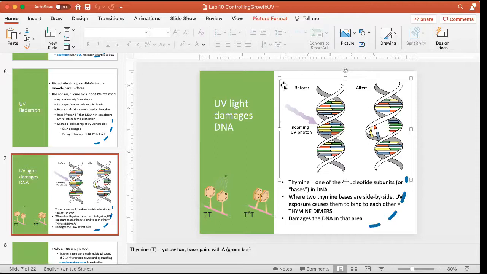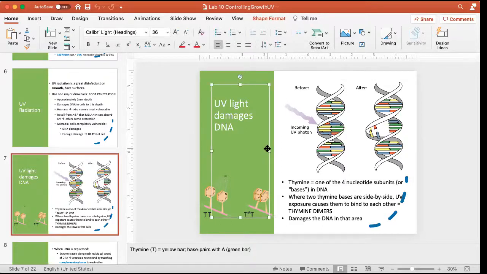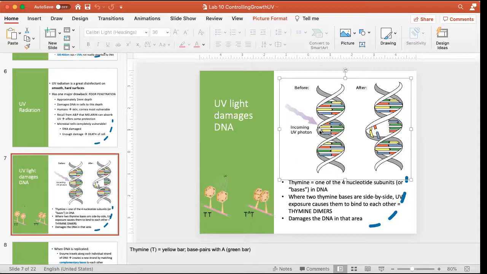It's the thymine base specifically that matters when we're talking about ultraviolet radiation. So in this diagram, it's the yellow bar. You can see 2 thymines here side by side, and they are base paired with the green adenines. That's perfectly normal base pairing. Now, when those ultraviolet rays hit the DNA molecule, anywhere that 2 thymines are sitting side by side, this ultraviolet light is going to cause them to separate away from the adenines and attach to each other.